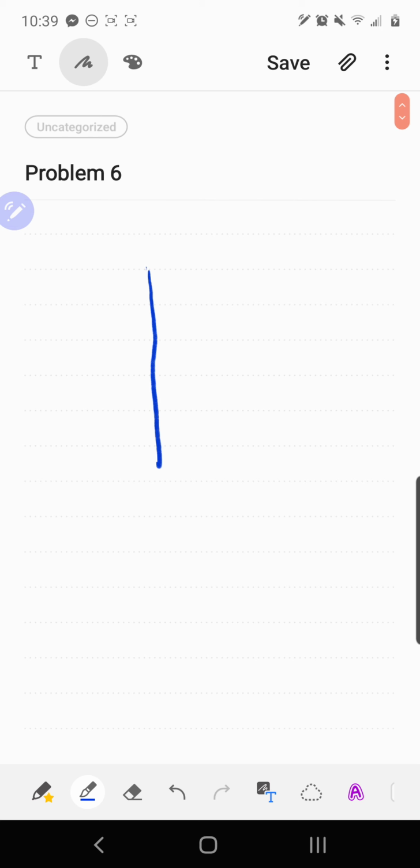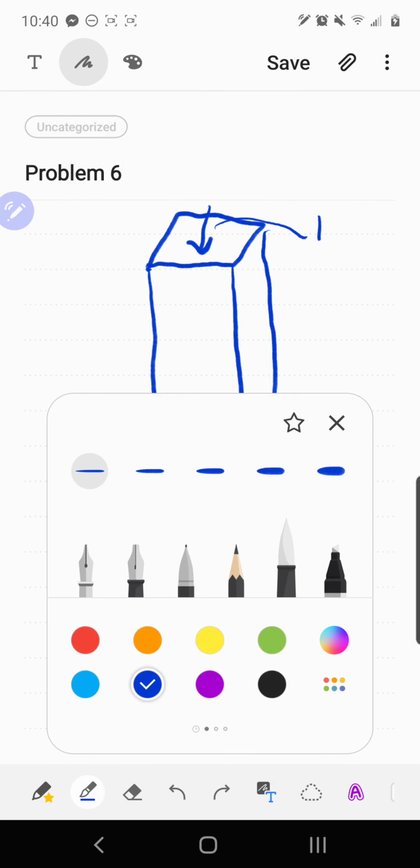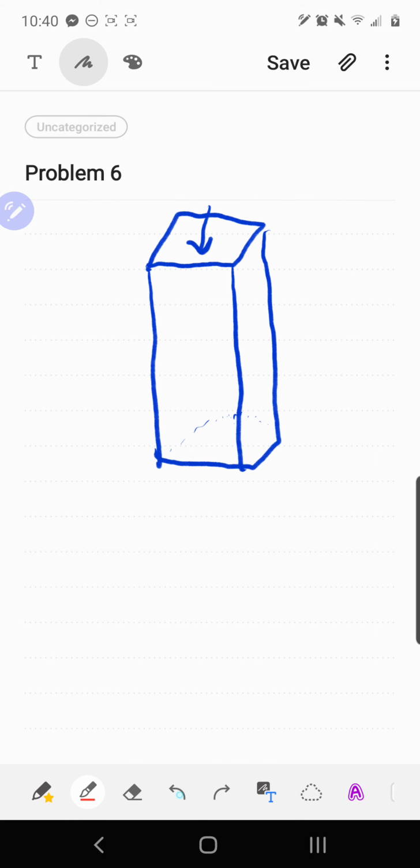Let's see if I can draw three-dimensional today. Alright, and we have a force coming down, F, and also another force causing this thing to be compressed.